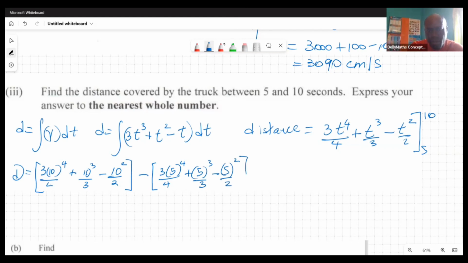So we want to work out those values quickly. We have 10,000 times 3 and divide that by 4. So this little piece is 7,500.